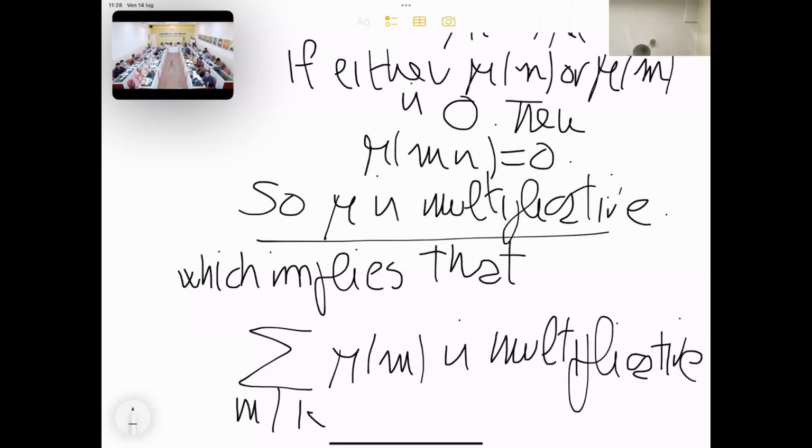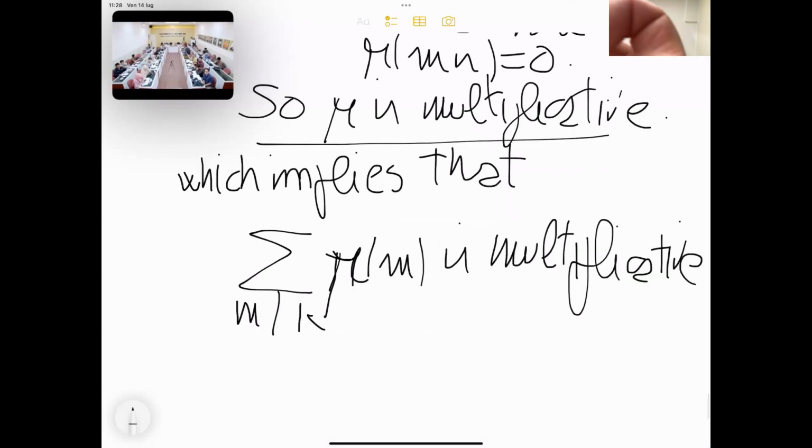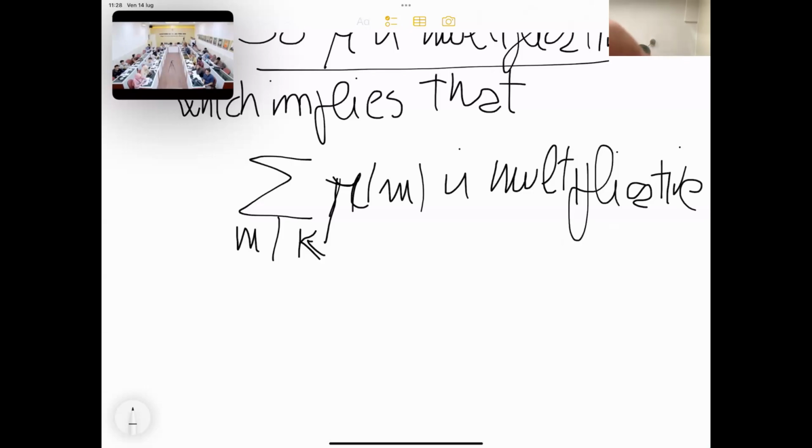This is something we observed yesterday, that if I do the sum over divisors of an arithmetic function, I get again an arithmetic function.